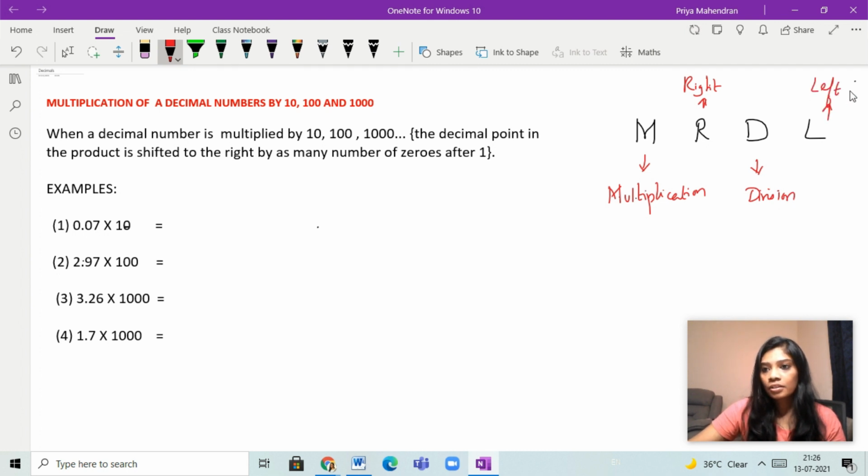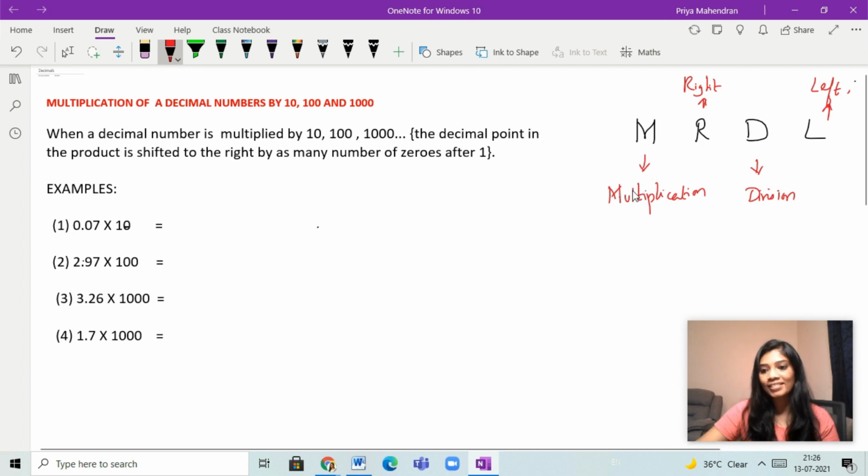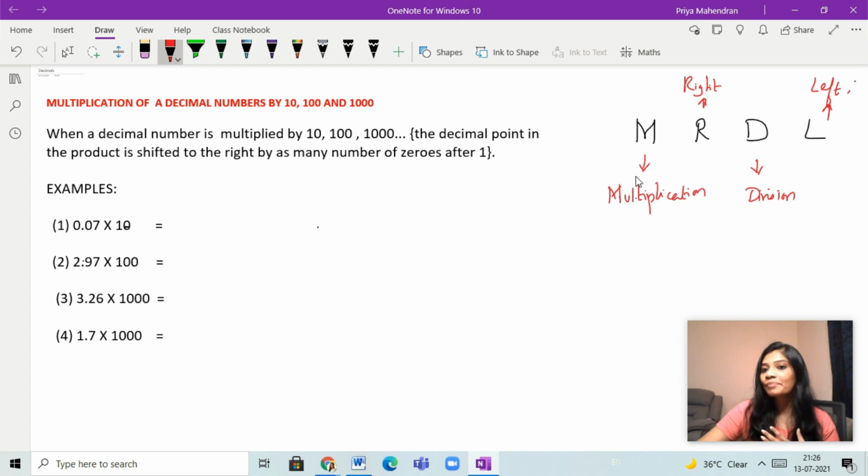So this clearly indicates when I multiply a decimal number by 10, 100, 1000, the decimal point will move towards right. Similarly, when a decimal number is divided by 10, 100, 1000, the decimal point moves towards left. And by how many places it is moving depends upon the number of zeros after 1.